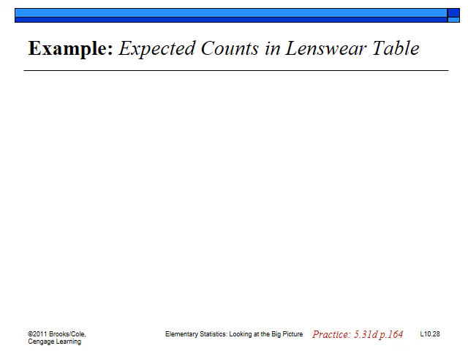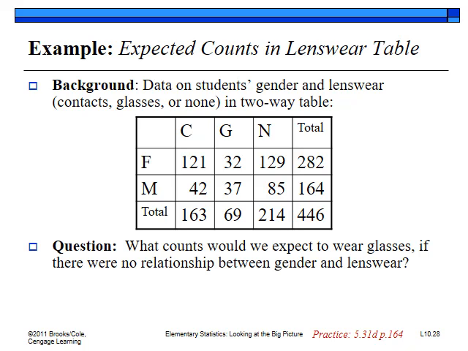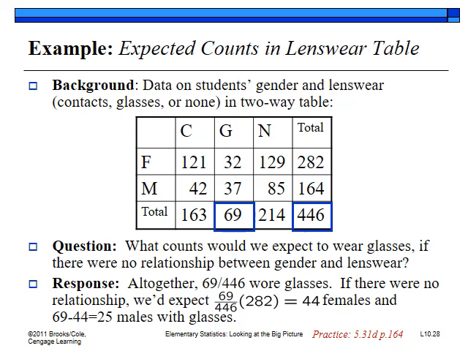Now let's take a look at the expected counts in our eyewear table, in which the rows did not have the same totals. How do we find these expected counts? Look at the bottom row for totals in each category for the response variable. We see that the proportion of people who wear glasses is 69 out of 446.